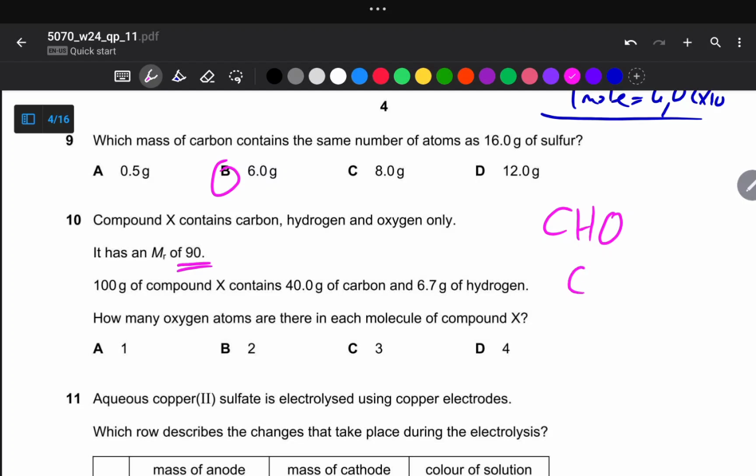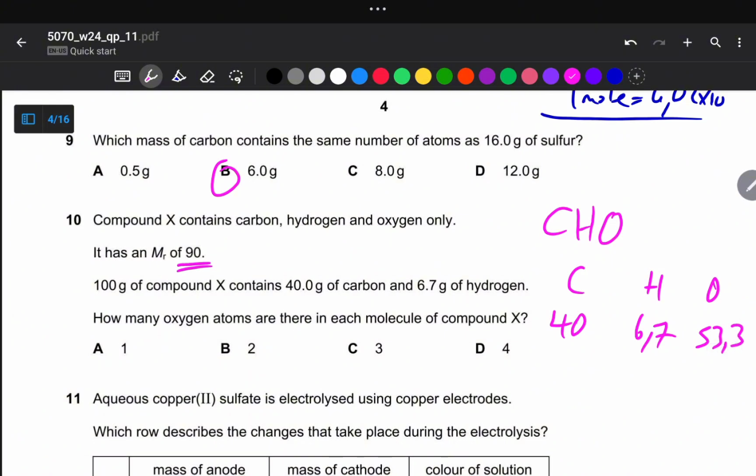So here we've got carbon, hydrogen, and then oxygen. For carbon, we've got 40 grams, for hydrogen 6.7 grams, and we calculate oxygen by simply subtracting the mass of carbon and the mass of hydrogen from the total mass. So it's 100 minus 40 minus 6.7.